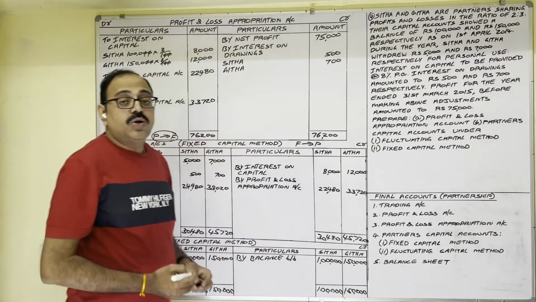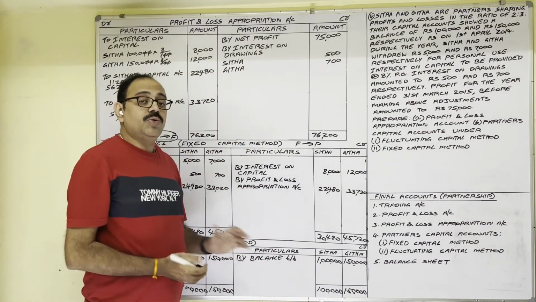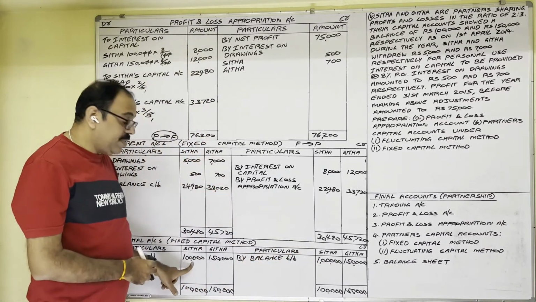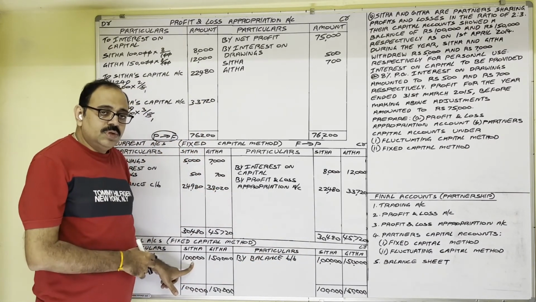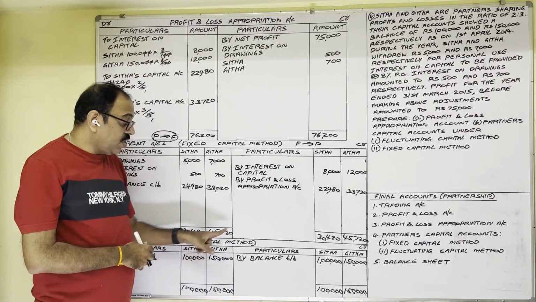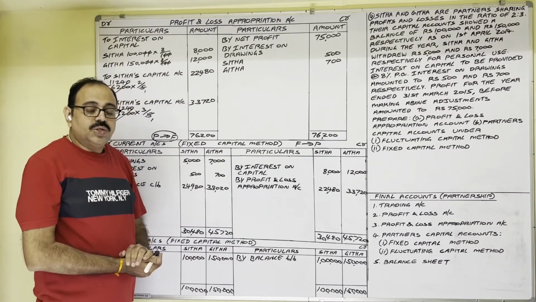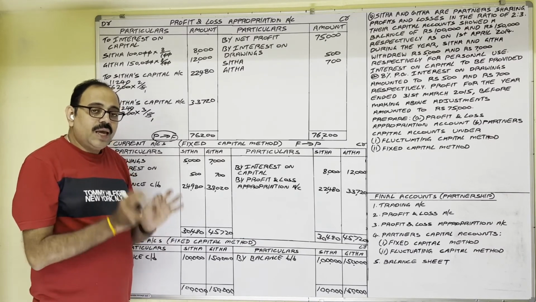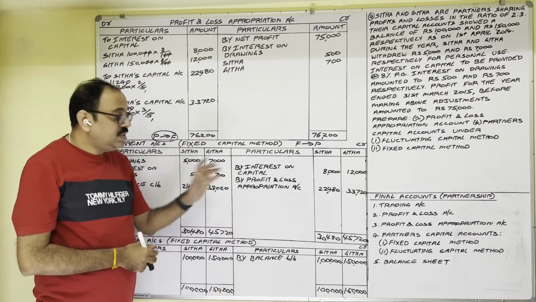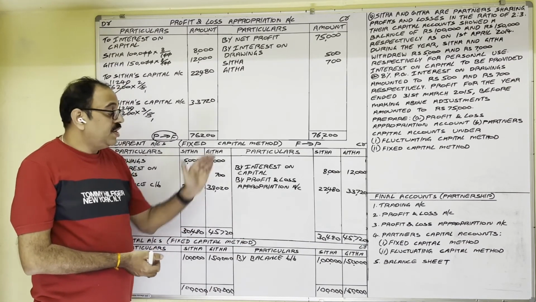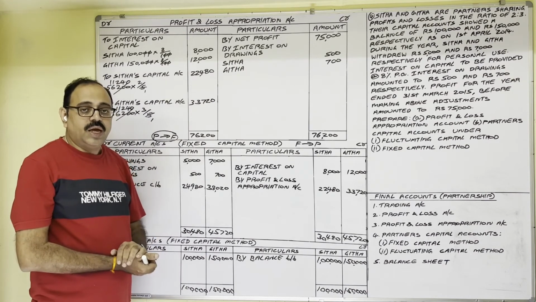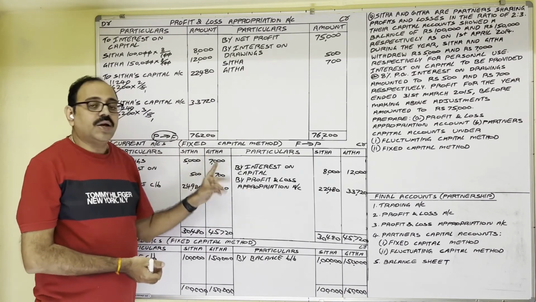Why is this method called fixed capital method? Now I think you understood. Opening capital and closing capital both are same. No fluctuations, no difference. Therefore, this method is called fixed capital method. So under this method, we show only capital information in capital accounts, and other adjustments like interest on capital, interest on drawings, etc. we show in current accounts.